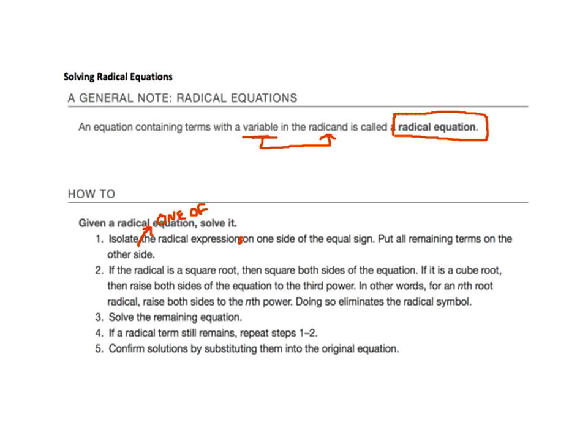Put all your other terms on the other side. If the radical is a square root, you're going to undo a square root by squaring both sides. If it's a cube root, you're going to cube both sides. So the rule is for the nth root, you're going to raise both sides to the nth power, and doing so eliminates that radical symbol.